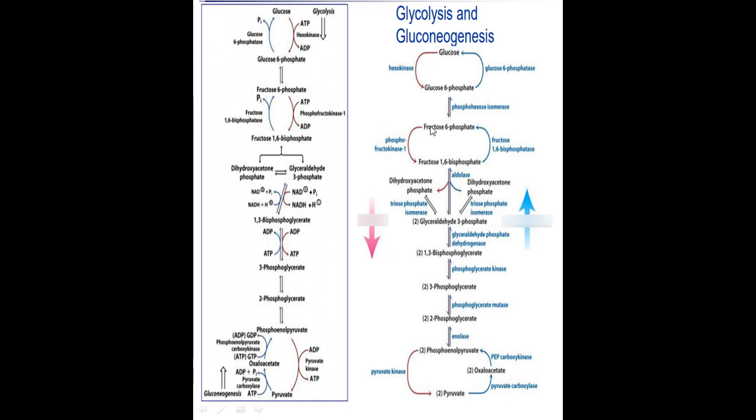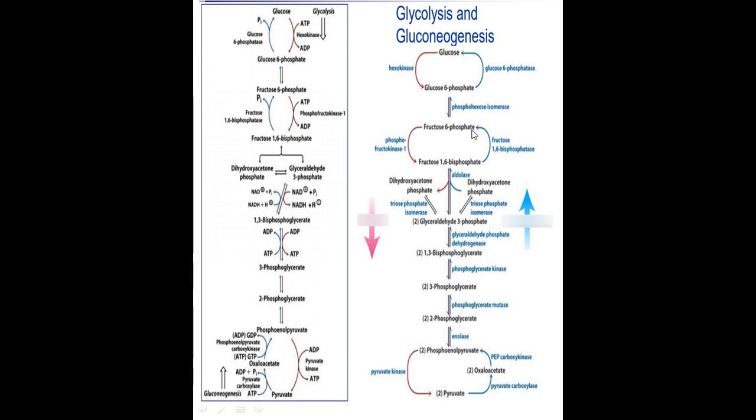The conversion of fructose 6-phosphate to fructose 1,6-bisphosphate by phosphofructokinase 1 in glycolysis is replaced by fructose 1,6-bisphosphatase, which converts fructose 1,6-bisphosphate to fructose 6-phosphate in gluconeogenesis. The conversion of phosphoenolpyruvate to pyruvate by pyruvate kinase in glycolysis is replaced by two enzymes, pyruvate carboxylase and PEP carboxykinase, which convert pyruvate back to phosphoenolpyruvate.